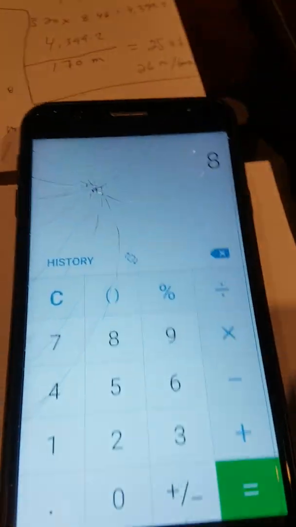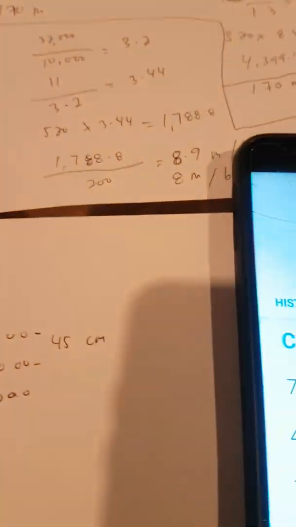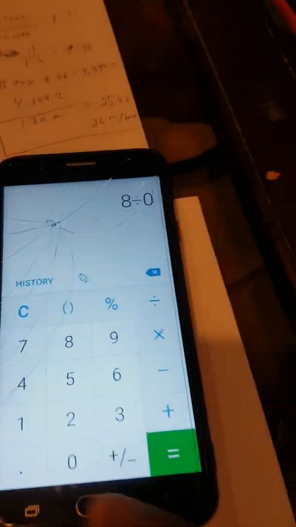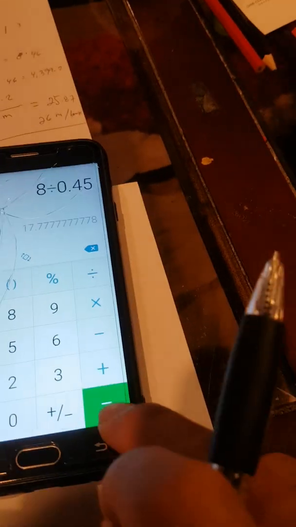So earlier we got 8 meters per break. So what you're gonna do, this is to get the proper calculation. You got 8 meters, which is that one, divided by 0.45 equals 17 meters.